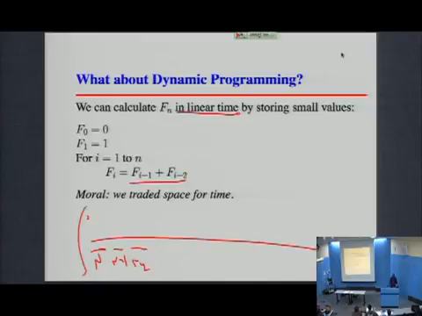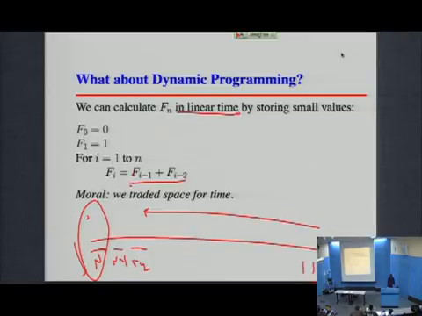What if we really want to compute the nth Fibonacci number? Why don't we compute the first two Fibonacci numbers, then build an array of Fibonacci numbers by simply repeatedly adding the last two terms that we saw.